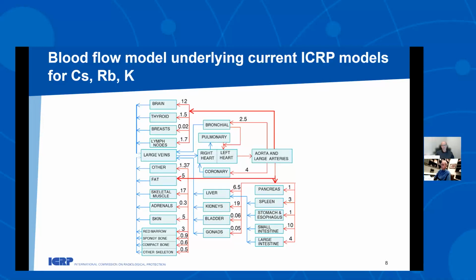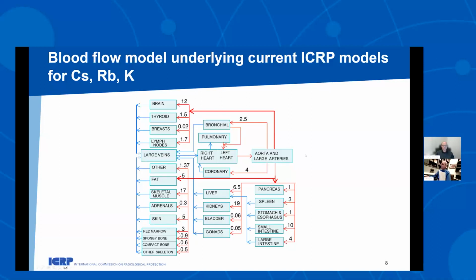But this was originally developed as a dynamic blood flow model, and it could be applied to, in effect, track the sites of decay of a very short-lived radionuclide used in nuclear medicine, like rubidium-82, which has a half-life of 75 seconds.